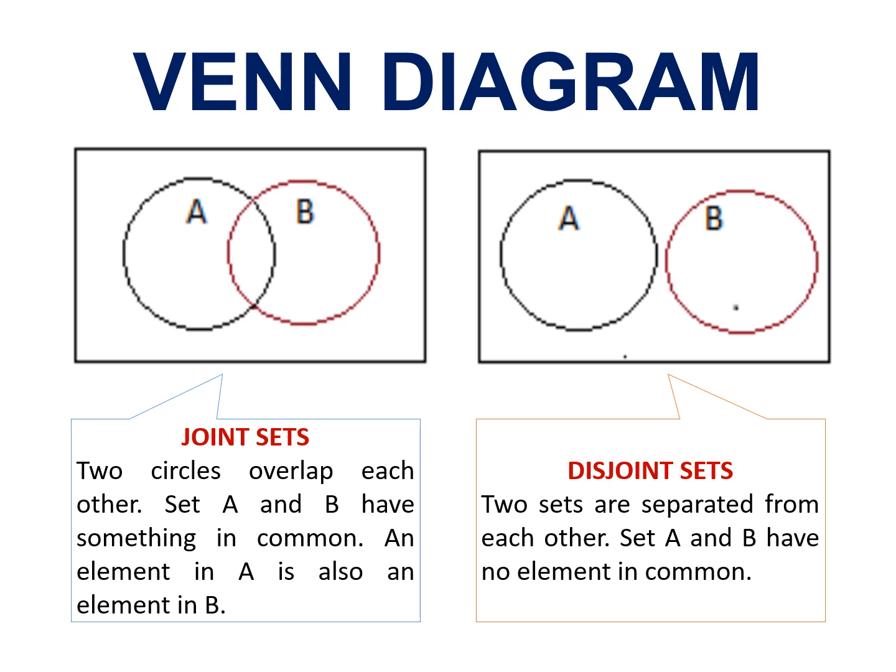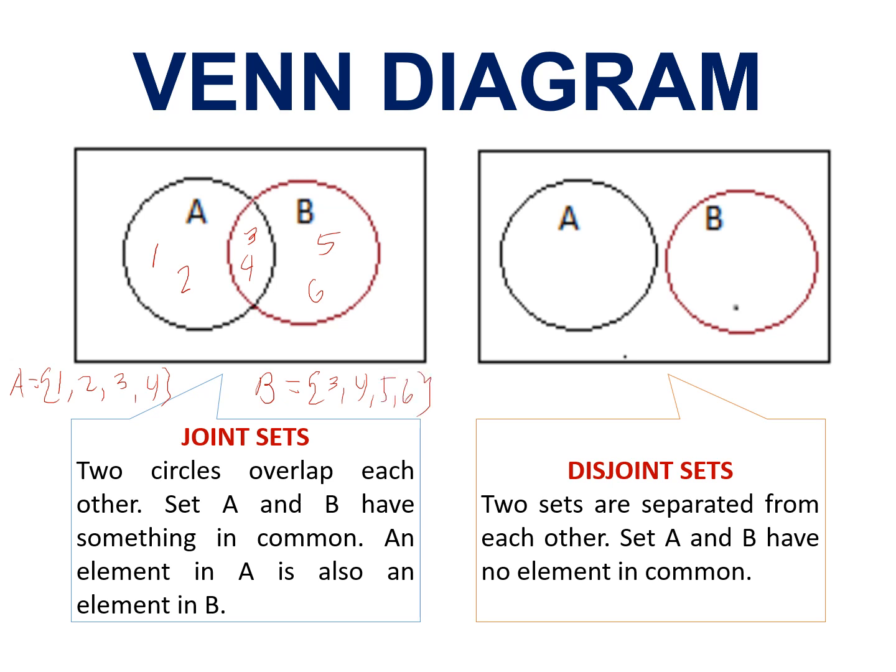Let's try to illustrate that. For example, set A has the elements 1, 2, 3, and 4. Set B has the elements 3, 4, 5, and 6.